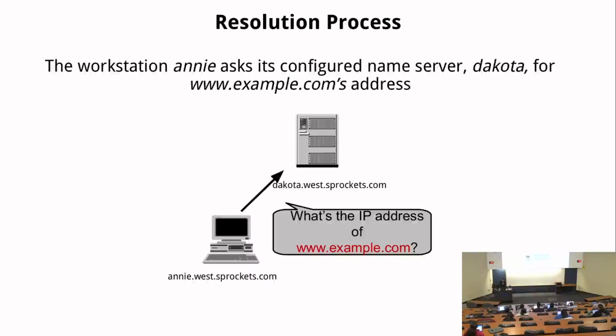So let's take a look at how this works when you want to visit a website. When you want to find out the IP address of a domain name, how does everything work? Let's say we have a workstation with its own domain name. We call this workstation Annie. Annie is part of the group West, and West is part of a company called SP Rockets, so it's a .com.